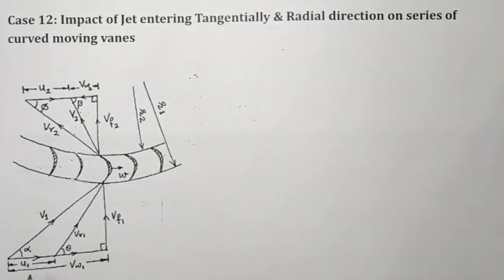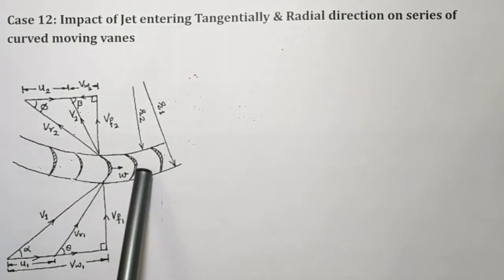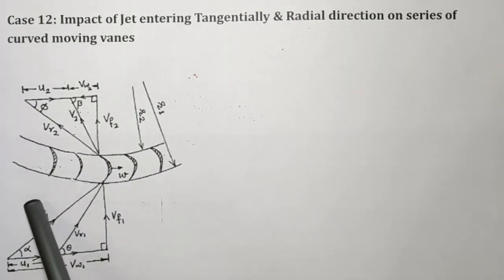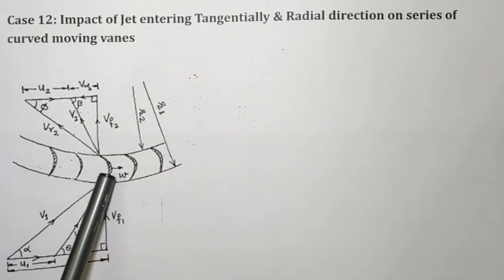Just for the sake of revision, the water jet is striking this vane with velocity v1, making an angle alpha with the direction of the vane. It approaches with velocity v1 at angle alpha, but while entering it takes the direction defined by the angle theta, which is provided to this vane while manufacturing.